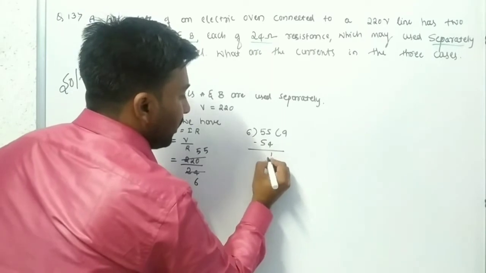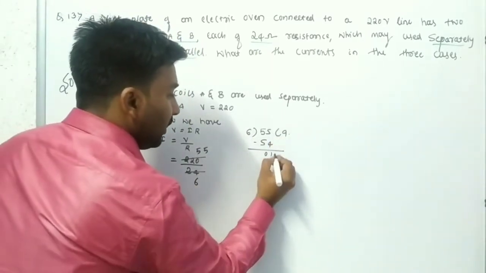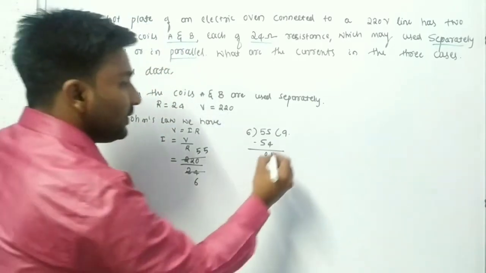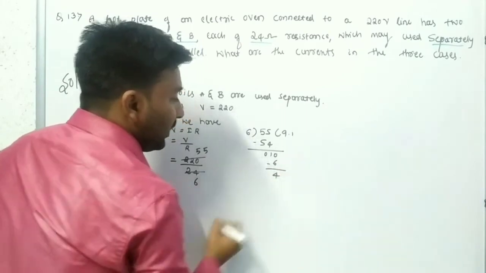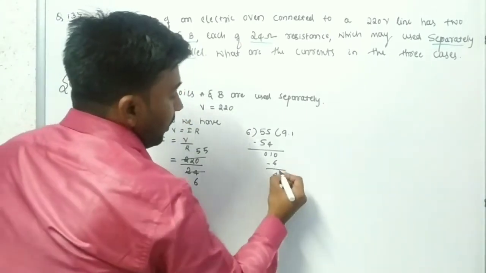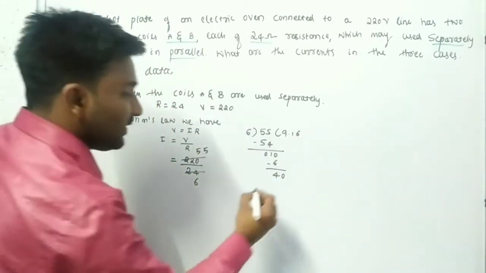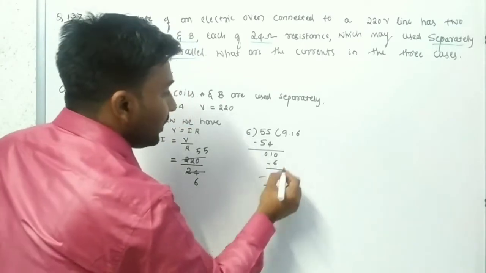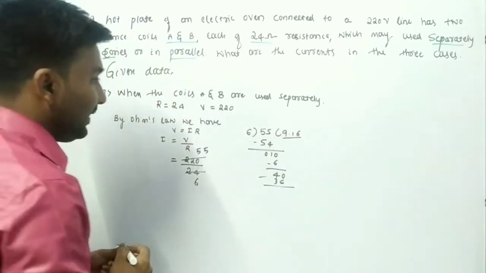Subtract, you will get 1, take one 0. 6 1s are 6, subtract, you will get 4. Now 6 6s are 36. After the point we got 2 digits.